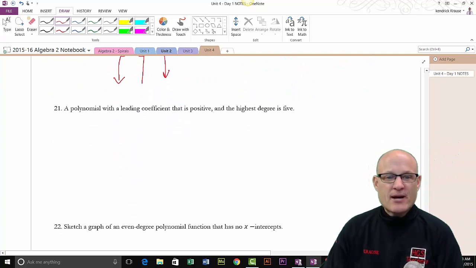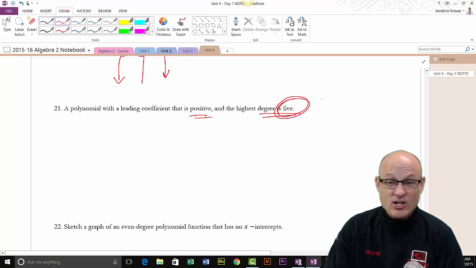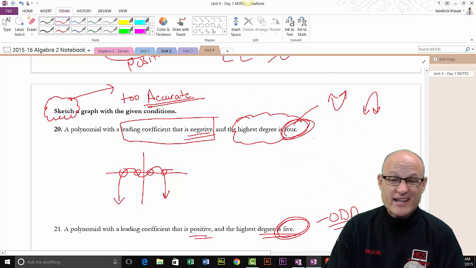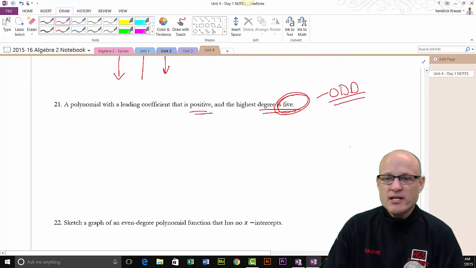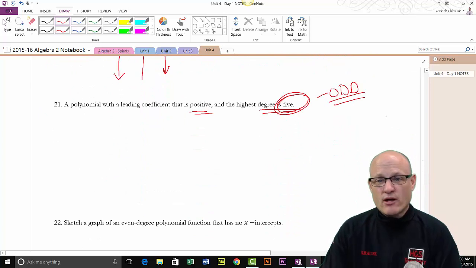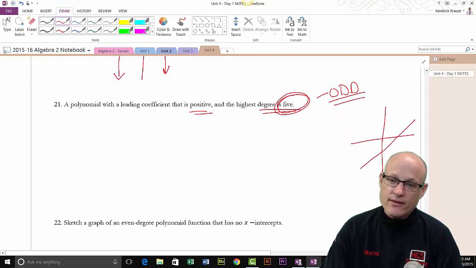Next problem. A polynomial with a leading coefficient that's positive, but its highest degree is odd. I don't care about the 5, I care that it's odd. Again, up above, I didn't care about the 4. What I cared about was that it was even. So, think about a line when you're going to draw these. A line with a positive leading coefficient would draw like that.